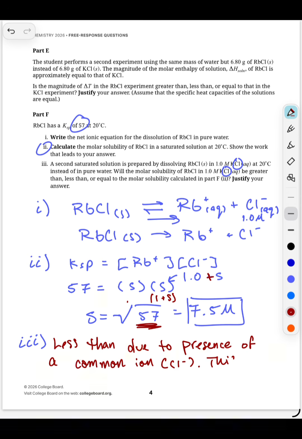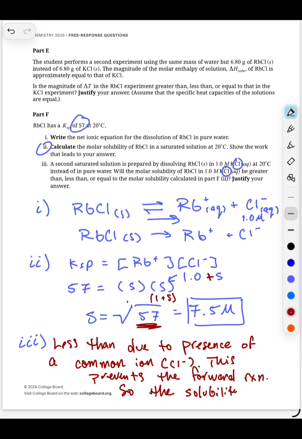This prevents the forward reaction. So the solubility will decrease for the RbCl, for the rubidium chloride.